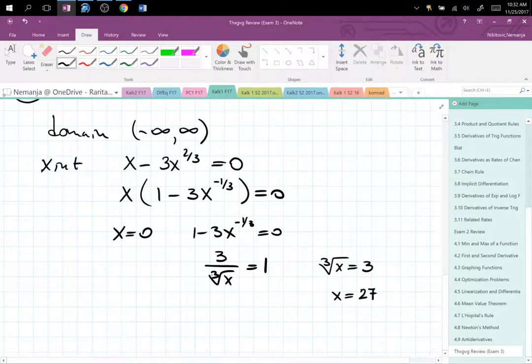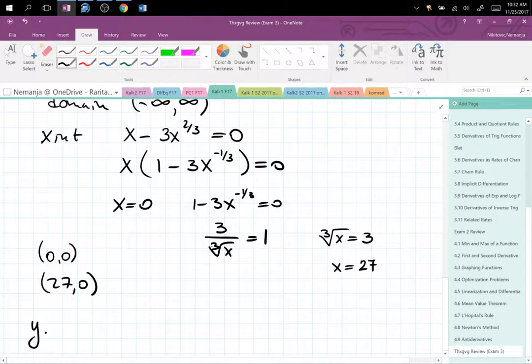So it appears that I have two x-intercepts. One is (0, 0), and another one is (27, 0). Now, (0, 0) is also the y-intercept at the same time. Anytime you get (0, 0) for x-intercept, it's immediately the y-intercept right away.